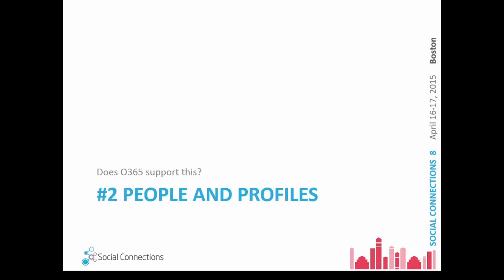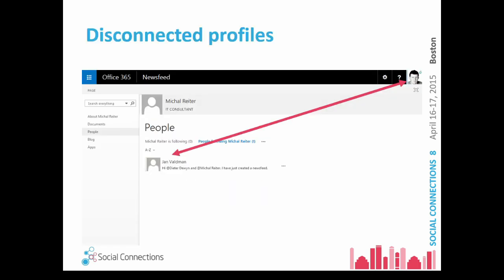The second scenario is related to people and people profiles. As we already mentioned, profiles in Office 365 are somehow disconnected. So we can see that I have perhaps one profile with my photo in the top right corner, and on the same page there is some information regarding the same user without photo.